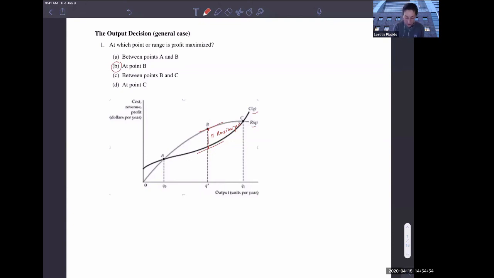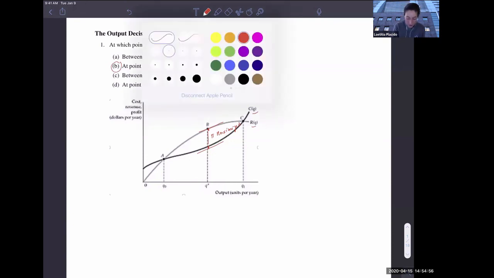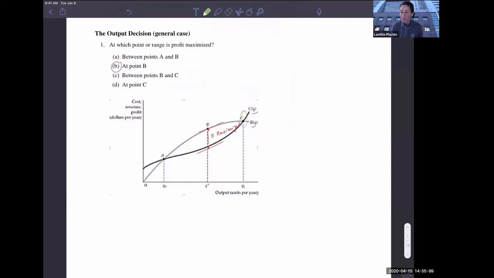Question: why not point C can be maximizing though? What happens in point C? Okay, so let's write it down. At point C, from the graph, you can see that total revenue is equal to total costs.